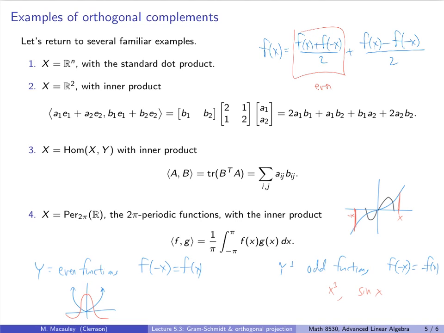If you switch the roles of x and negative x, you get back itself. This, by construction, is odd. If you reverse the roles of x and negative x, the sign flips. And it's not hard to see that this decomposition is unique. I'll let you verify that if you want, but that shows that these things are indeed orthogonal complements.